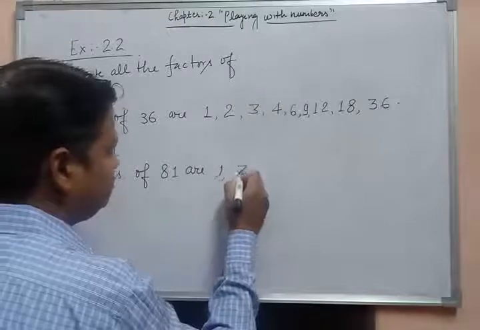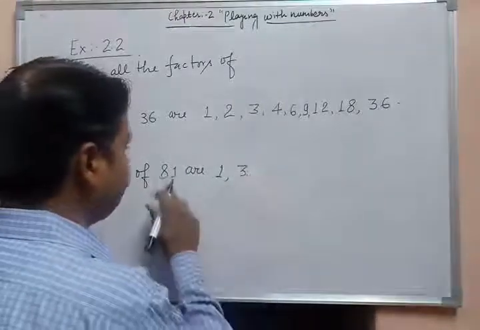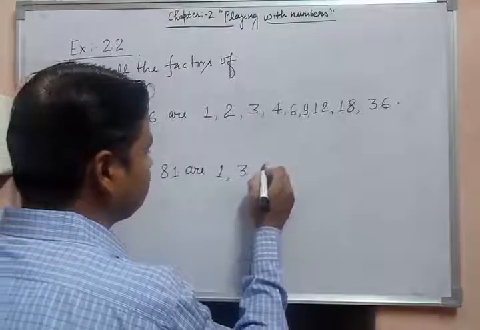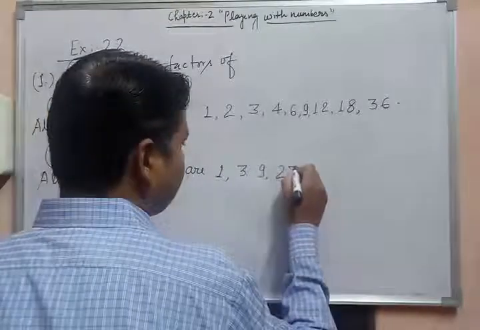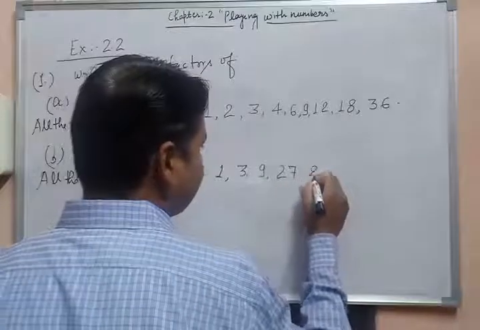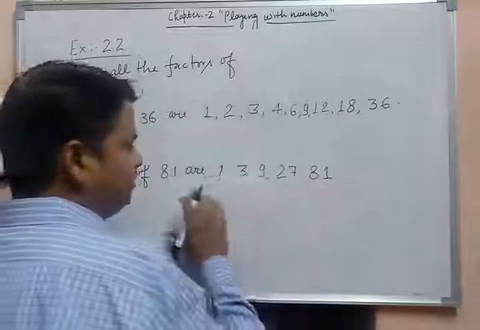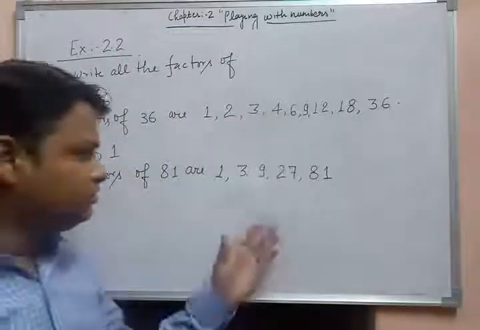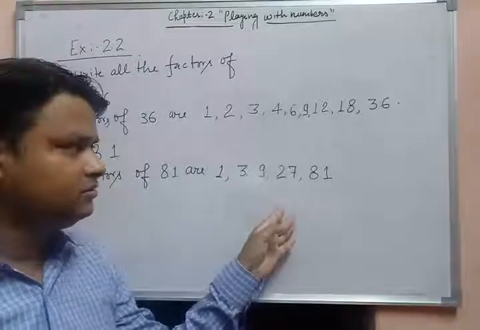Then 3, because 27 times 3 is 81. After that 9, then 27, then 81. So these are the factors of 81, and the remaining questions you have to solve by yourself with this method.